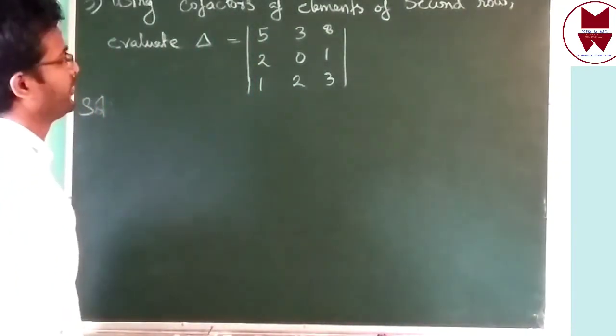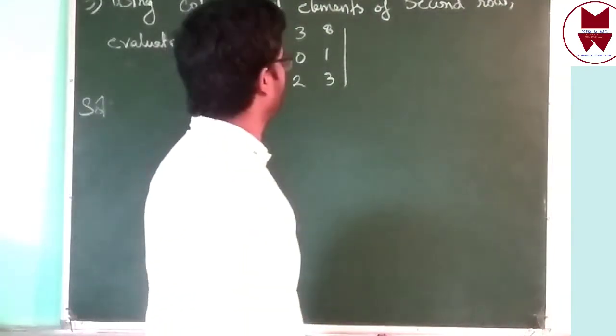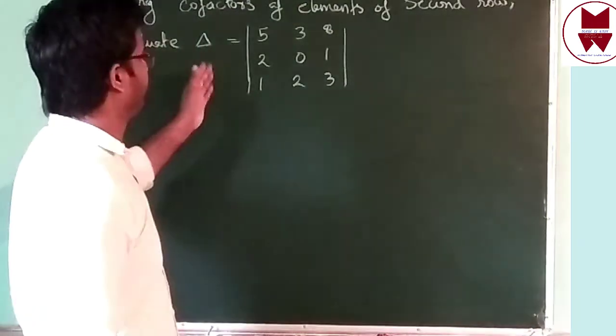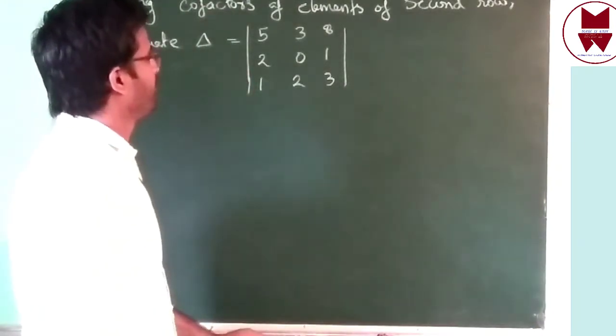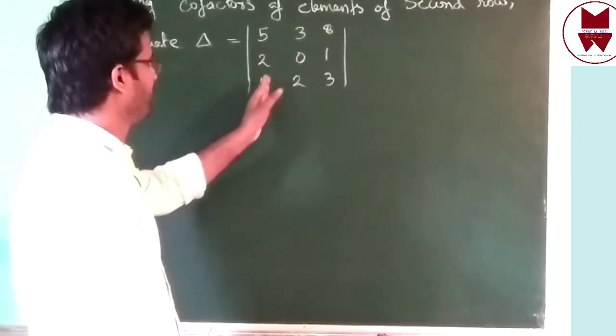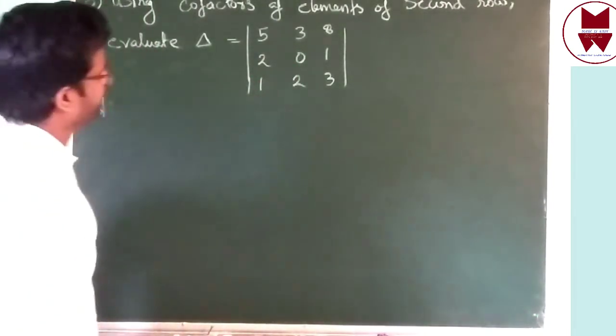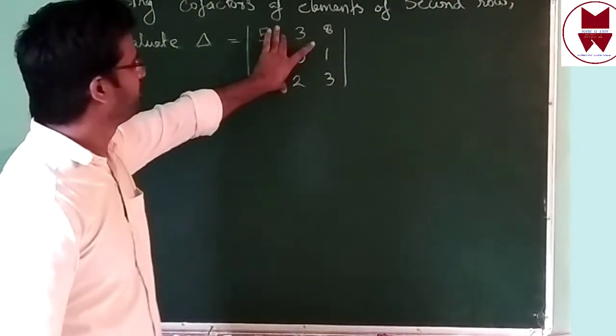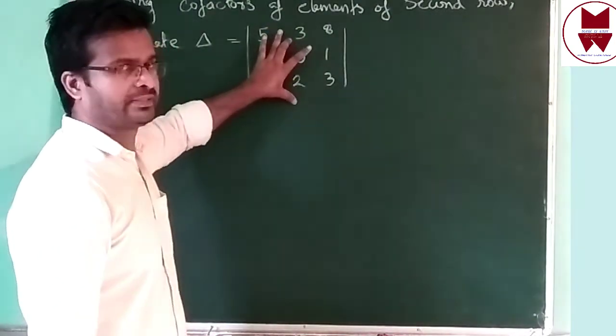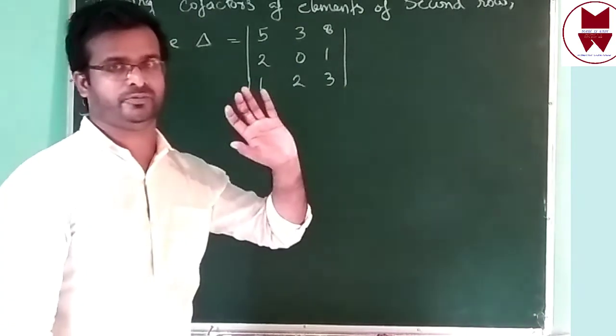Using cofactors of elements of second row, evaluate delta equal to determinant 5 3 8, 2 0 1, 1 2 3. Then we have to expand this given determinant, then we will find out the value.